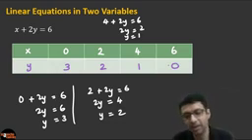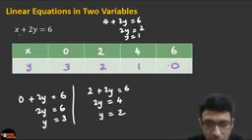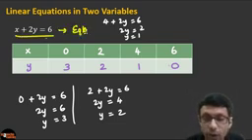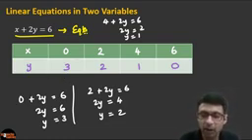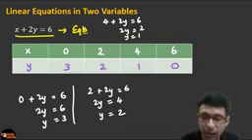Excellent. So we've made a table using our equation, which is a linear equation in two variables. We have one linear equation in x and y, and we are seeing what values of x and y satisfy this equation. And we know that this is infinitely many, guys.